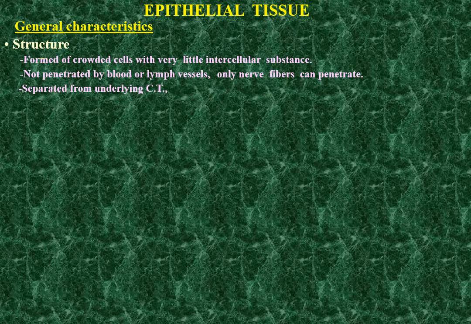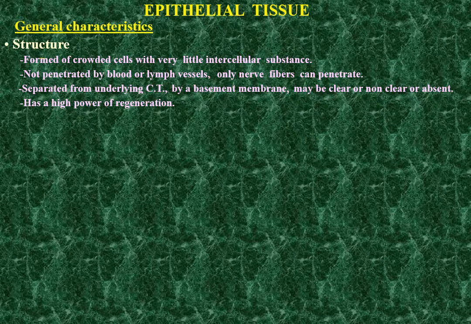Epithelial tissue is separated from the underlying connective tissue by a basement membrane, which may be clear in some types or non-clear or absent in other types. Epithelial tissue has a high power of regeneration.